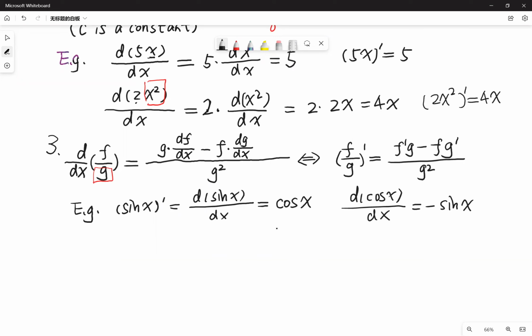Then we want to calculate the differential of tangent x. It's sine x by cosine x, prime.